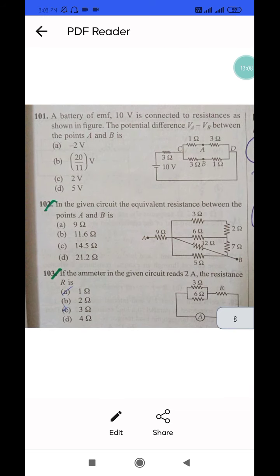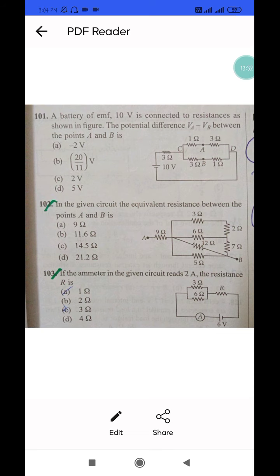A battery of EMF, let's say 10 volt, is connected to resistances as shown in the figure. The potential difference VA minus VB between the points A and B will be, right? This is one of the key questions, and most of the time you can see this kind of question. So let us do this.